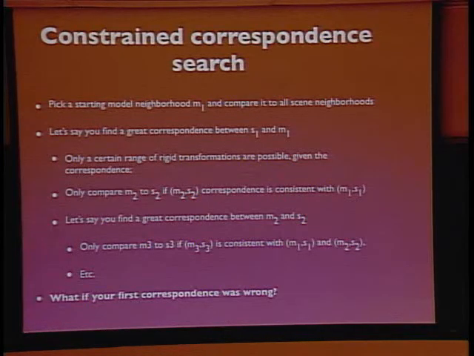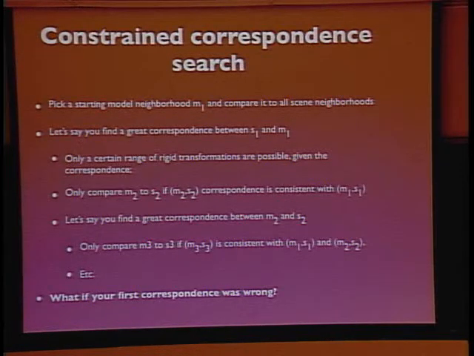One way to visualize this is that if you assume this correspondence is correct, you're going to more or less staple that point of the object to that point in the scene. Or not staple, that's not the right word, but you kind of chain them together. So then you know that those points have to correspond to each other, and so the range of possible transformations from the object to the scene has then been constrained.